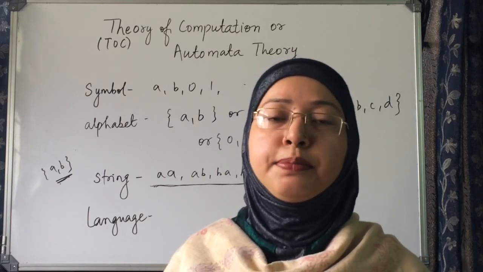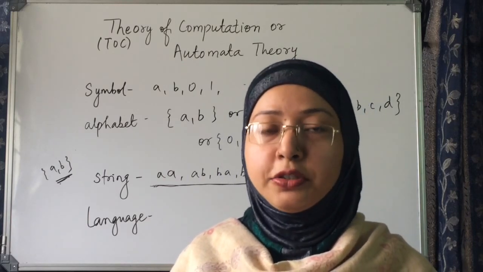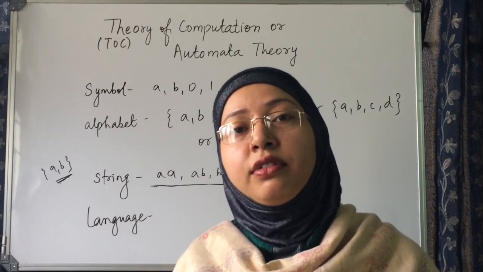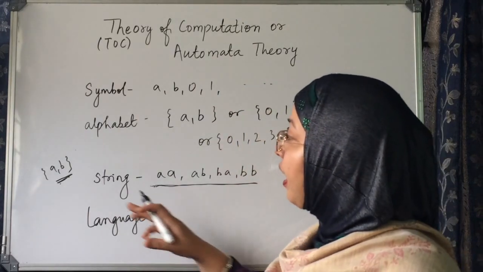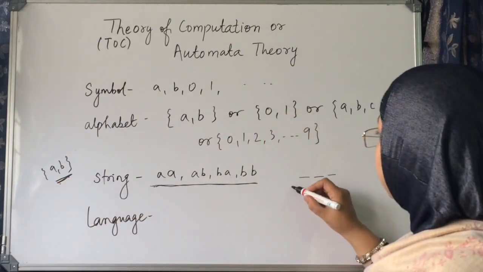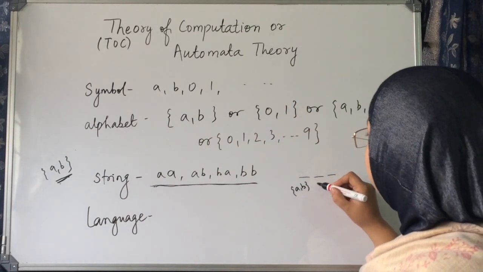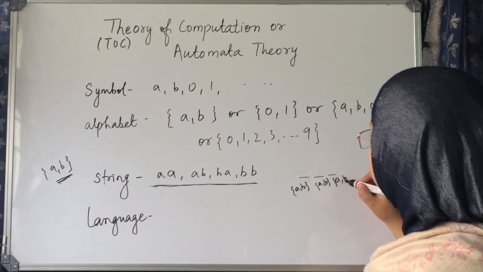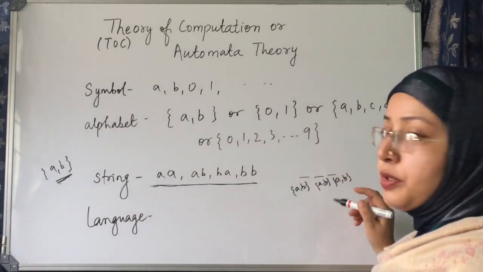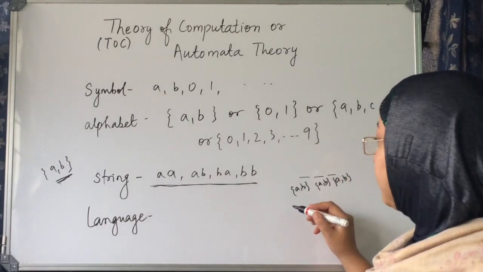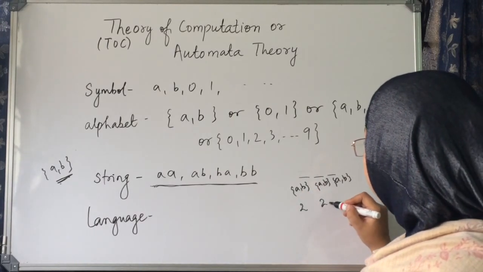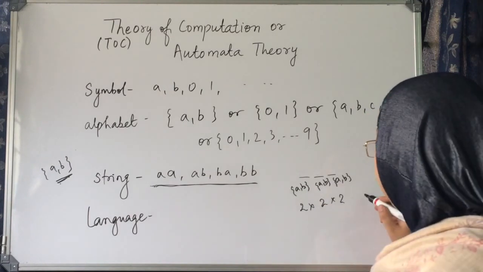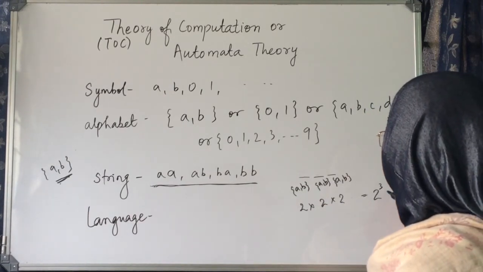So for each position you have two options: here you can take A or B, here A or B, and here also A or B. So 2, 2, 2. How many strings are possible then? 2 to the power of 3, that is 8.